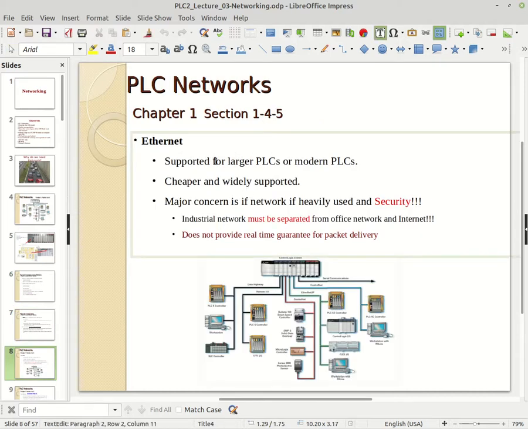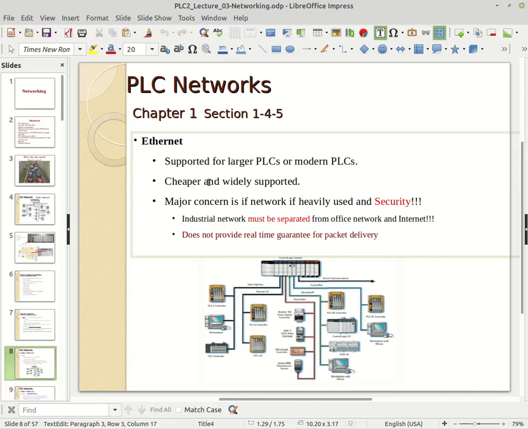Alright, so let's look at Ethernet here. Ethernet is supported for pretty much all the modern PLCs. They are going to support Ethernet, and therefore will probably be able to support the Ethernet industrial protocol or /IP that I referred to earlier.